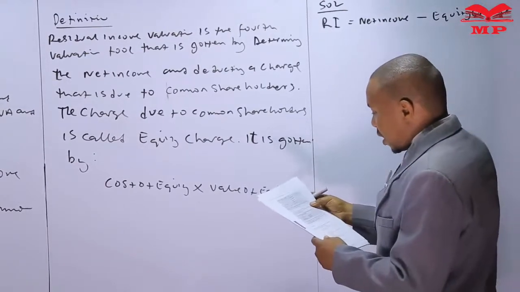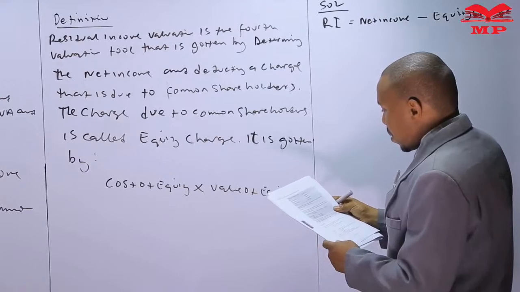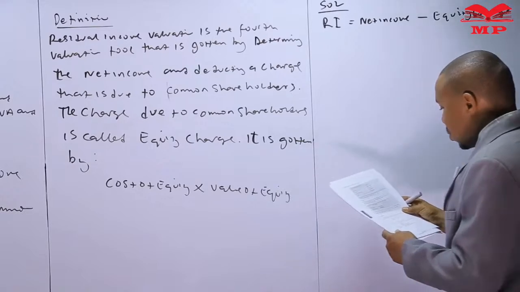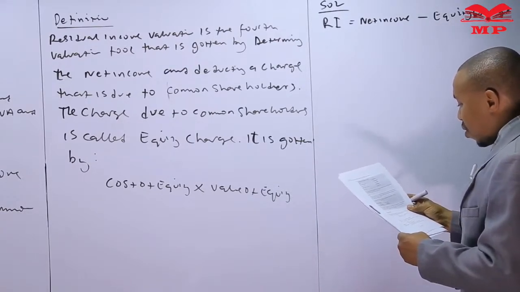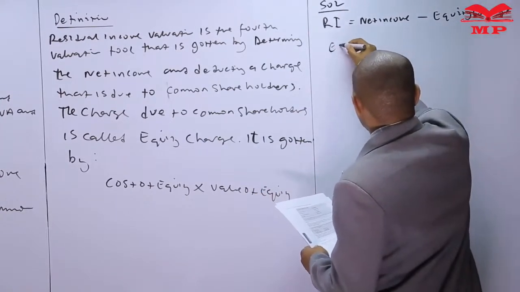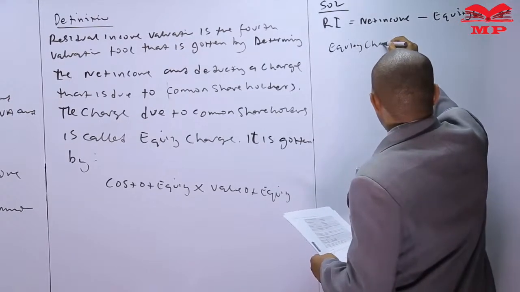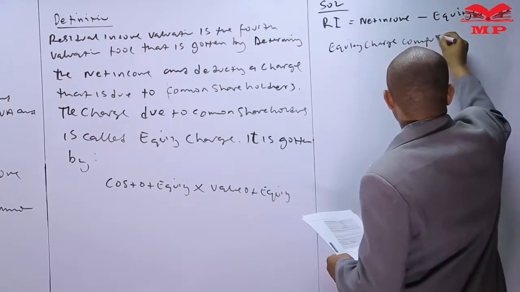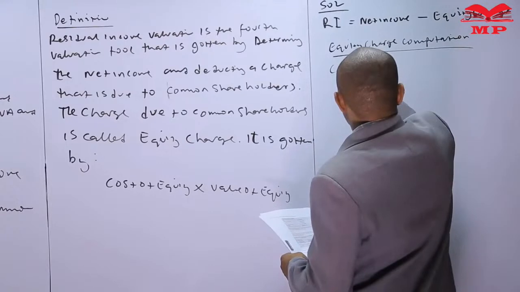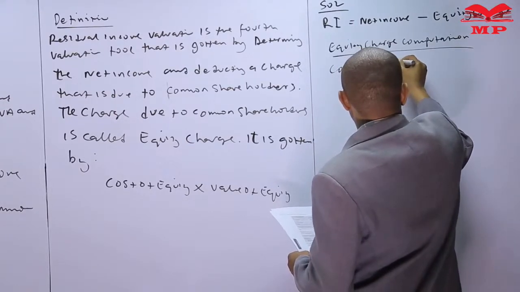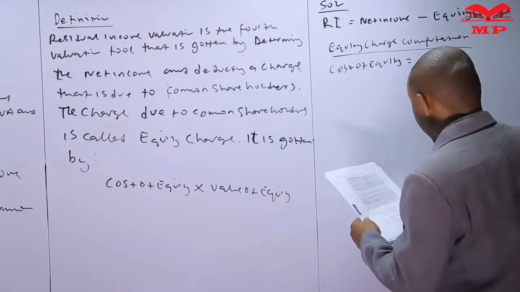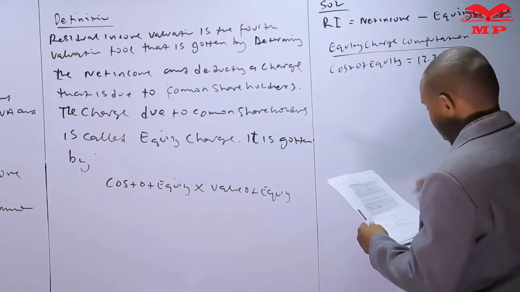Let's see if we've been given the net income. Yes, from that table we can see that the net income is 80,520,000. Now we need to get the equity charge, which is just cost of equity times the value of equity. So, equity charge computation. The cost of equity is 12.3%, which we've already been given.